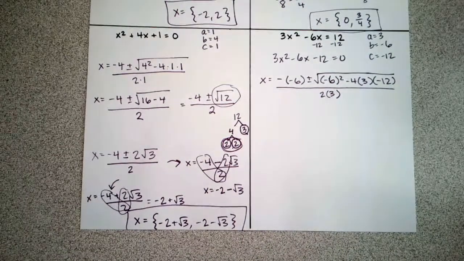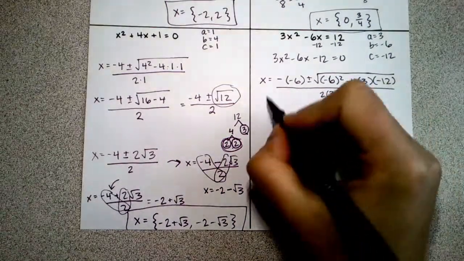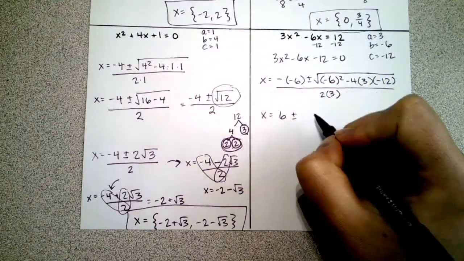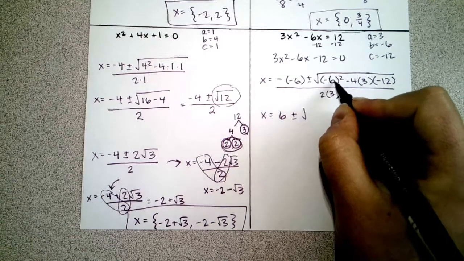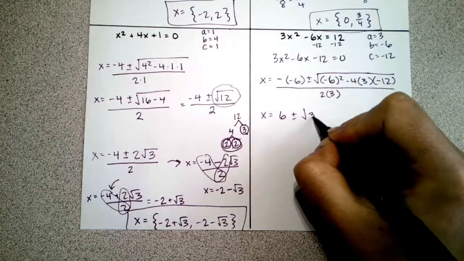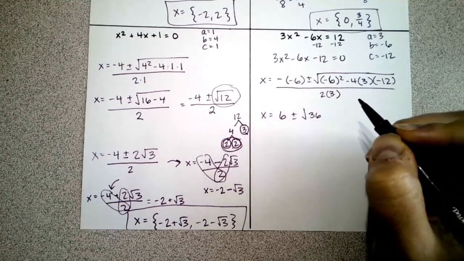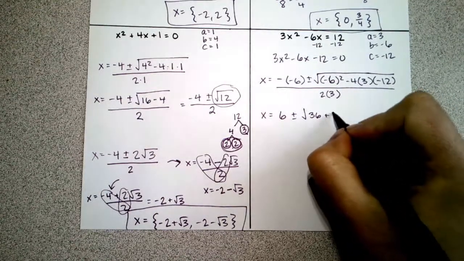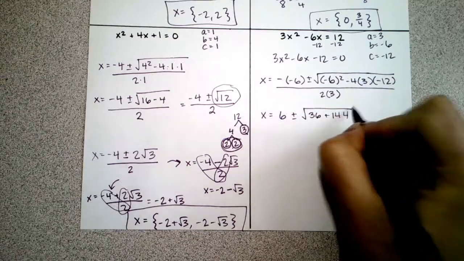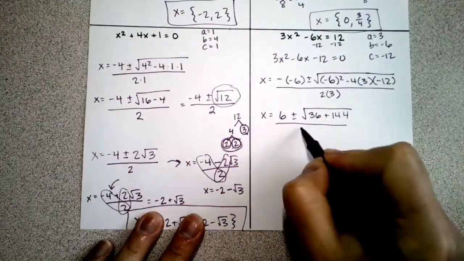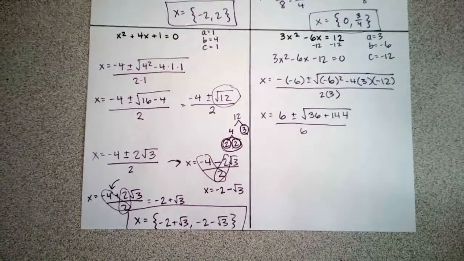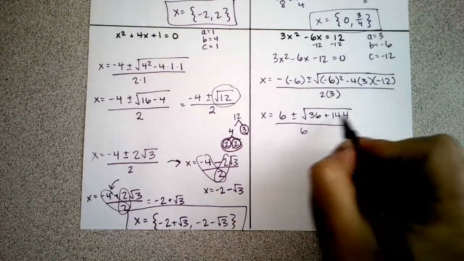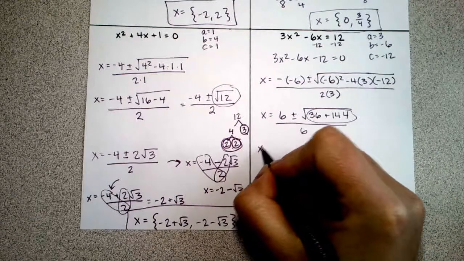All right, we have to simplify a little bit. x is equal to, this becomes +6, plus or minus the square root of -6 squared is 36, and then 4 times 3 times 12 is +144, all over 6. Okay, when you add these together, you get 180.